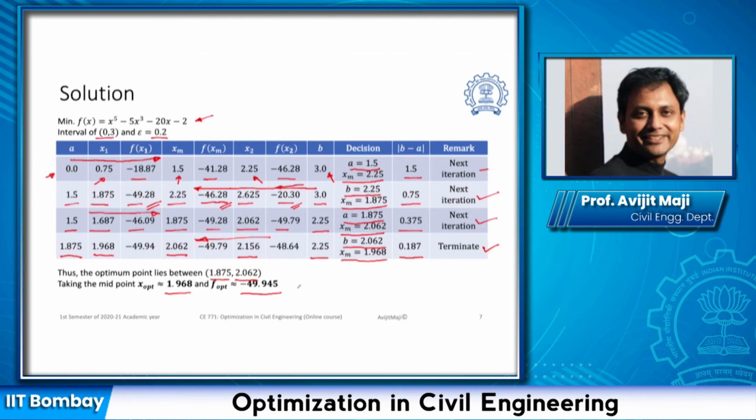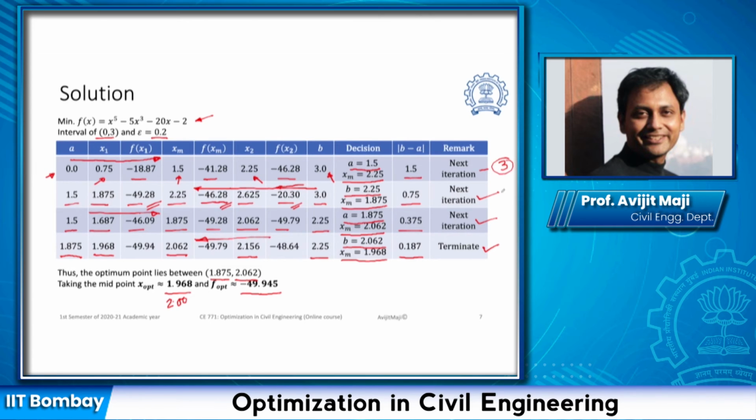So it helped us to reach the optimum point, and if you try to solve using the classical method, you will find that the optimum solution is possibly at the point 2.0, and we are very close to that. So we should be satisfied with this solution unless we want to revise the precision. Now, another thing to notice about this particular method is that in the first iteration, we evaluated 3 functions.